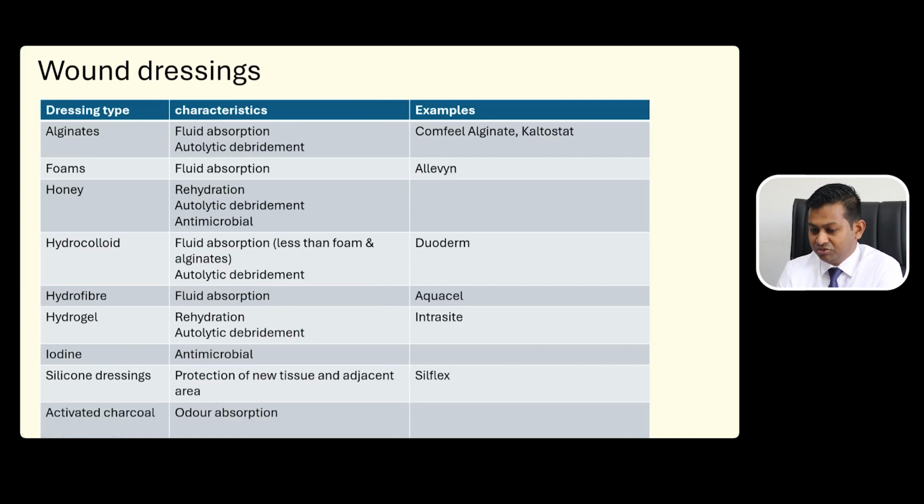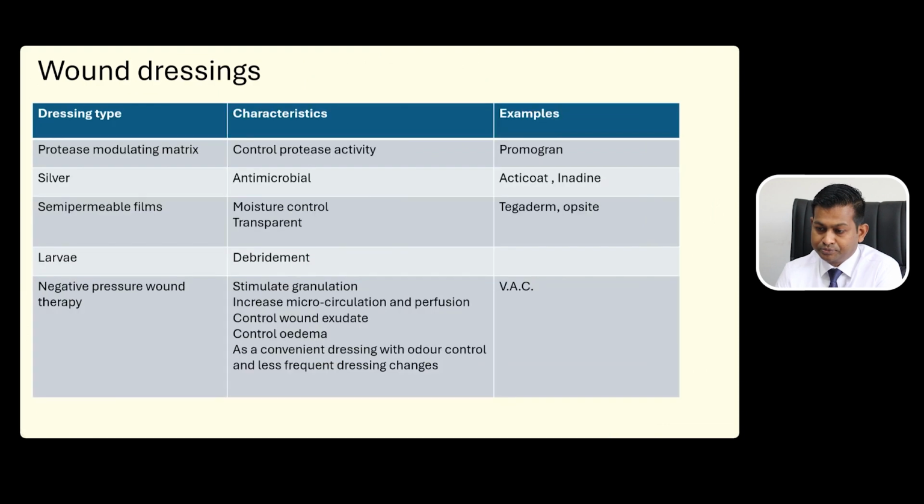I would say these are the expensive ones, because they come under brands. Some more: protease modulating matrix, which is quite expensive; silver, semi-permeable films. Larval therapy is a wound dressing as well and helps in debridement; and negative pressure wound therapy, which is kind of a hot topic, already known to some of you, or maybe unknown to some.